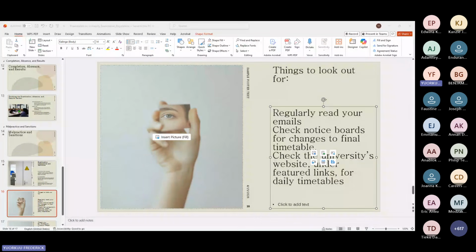But those on main campus and in the Accra City campus, if you don't have it, report it at the regular site. That's the administration of the Accra City campus. If you're on main campus, you go to your college and report that you've not received your ID card. But because you're not sure of when this ID card is coming, just get a provisional ID card in readiness for the examination.